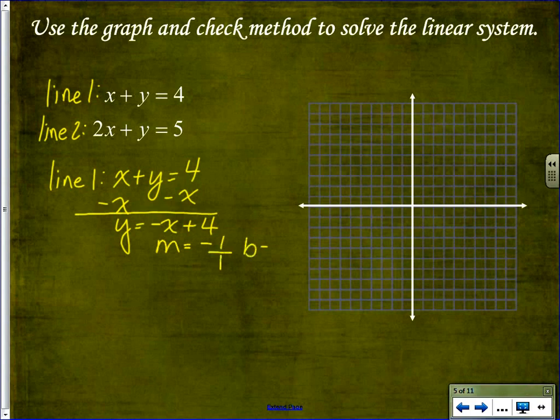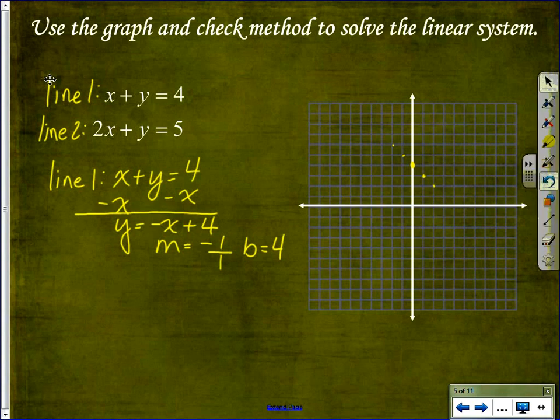What's my y-intercept? 4. Then where do we start? We go up to 4: 1, 2, 3, up 4. And then I go down 1, over 1, or up 1, back 1. And my little thing is over here, which is good.